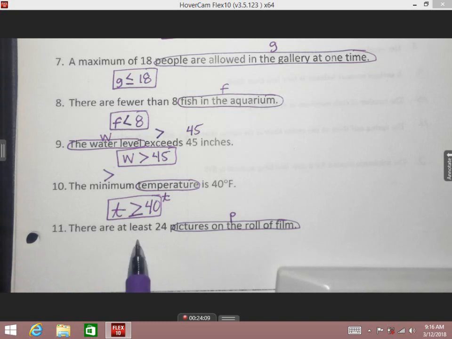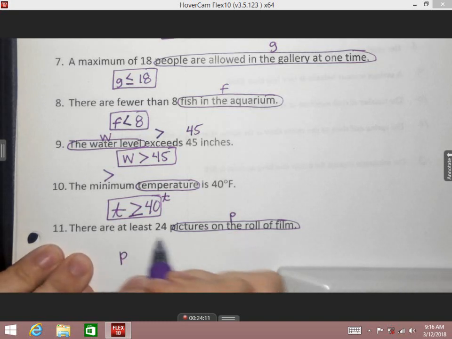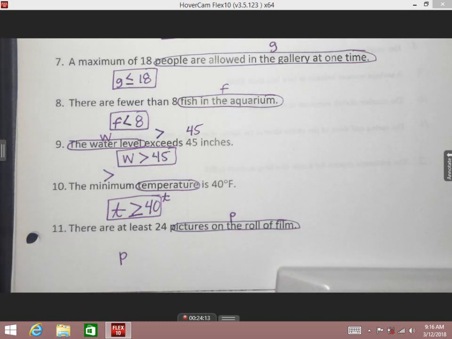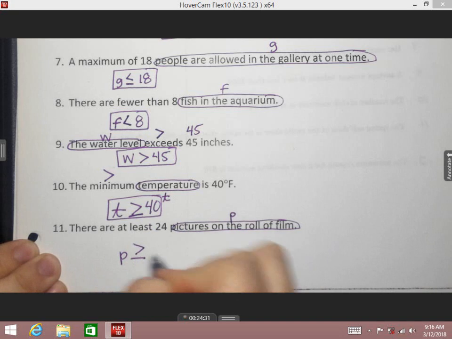At least. So I got my pictures. At least 24. What does that mean? Less than 24, greater than 24, less than or equal to 24, greater than or equal to 24. What do you think, Sarah Grace? Greater than or equal to 24.